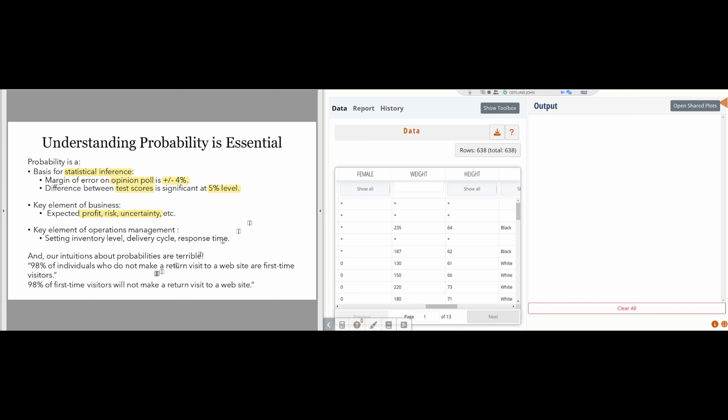Generally speaking, people's intuitions about probabilities are pretty bad. In particular, people are really bad at thinking that very unlikely events are higher probability than they are in reality.